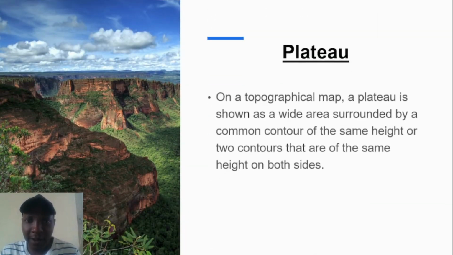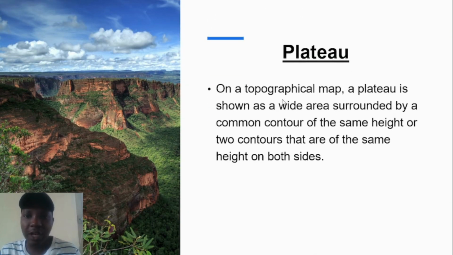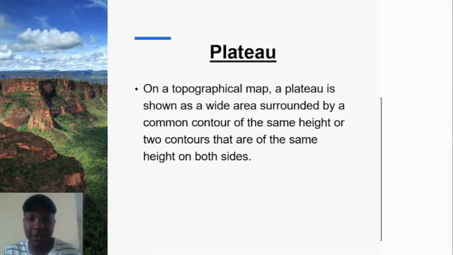Now, on a topographical map, a plateau is shown as a wide area surrounded by a common contour of the same height, or two contours that are of the same height on both sides. So that's how plateaus can be shown on topographical maps: a wide area surrounded by contours of the same height.